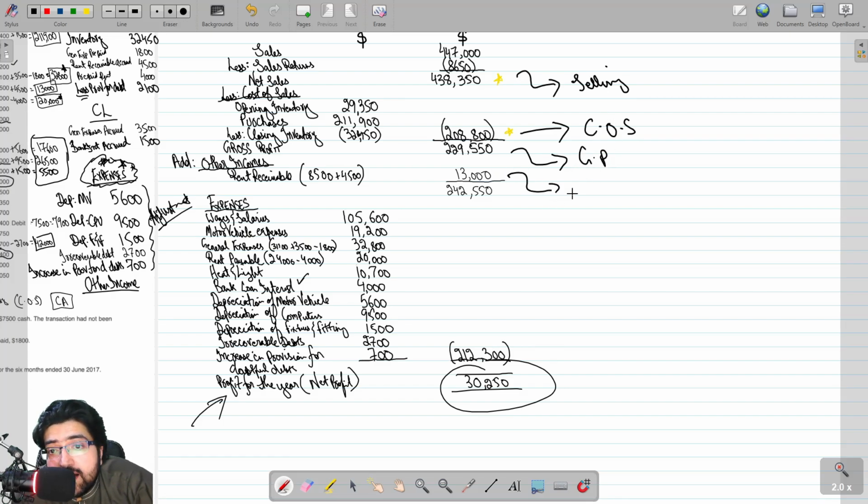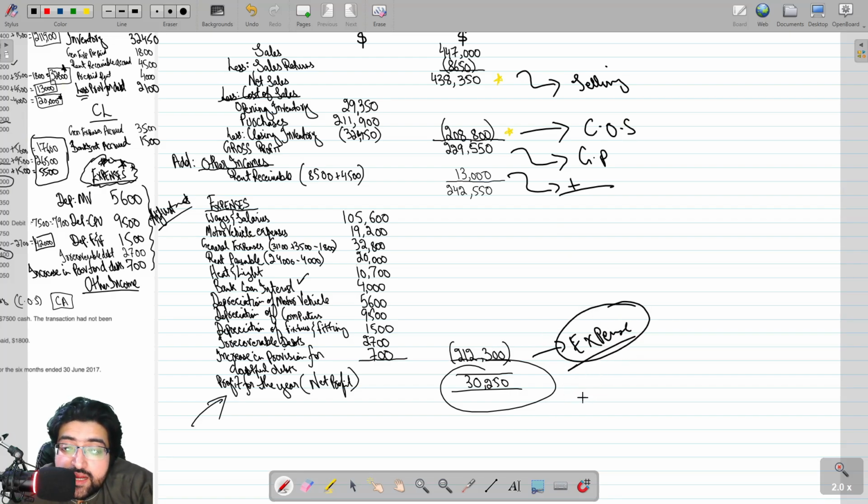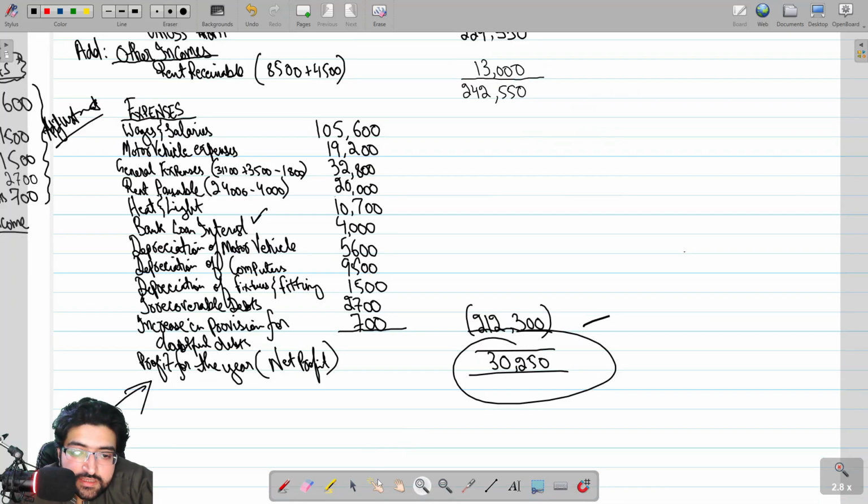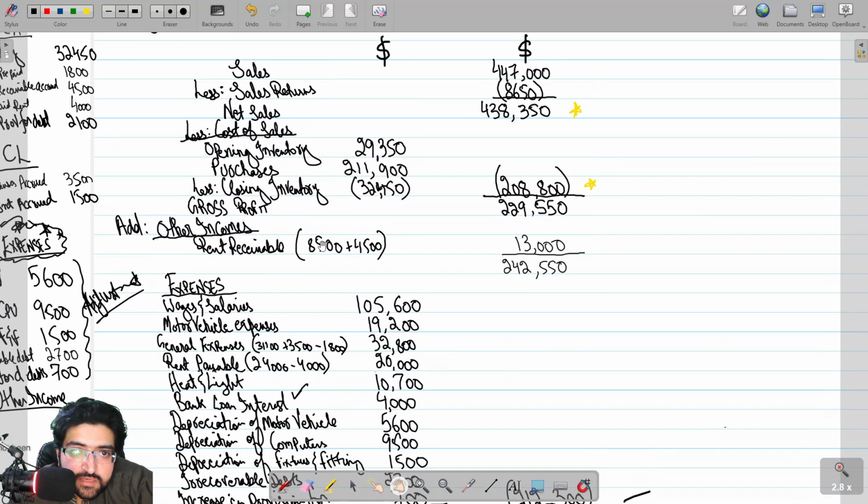I included other income to this to get a new figure, and then I subtracted all the expenses of the business, which are the operational expenses necessary to operate the business, to get my final profit of the year. Okay? So this is what an income statement is used for. You can look at this, compare it if you were doing it with me, and then let's move on to the statement of financial position. Okay, this is the complete income statement in front of you.